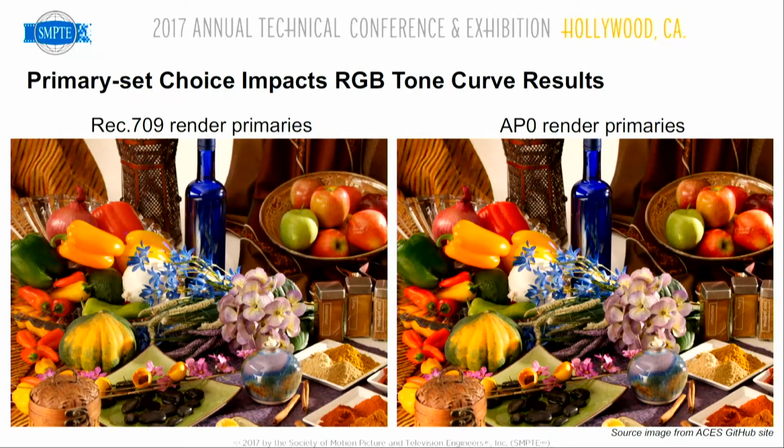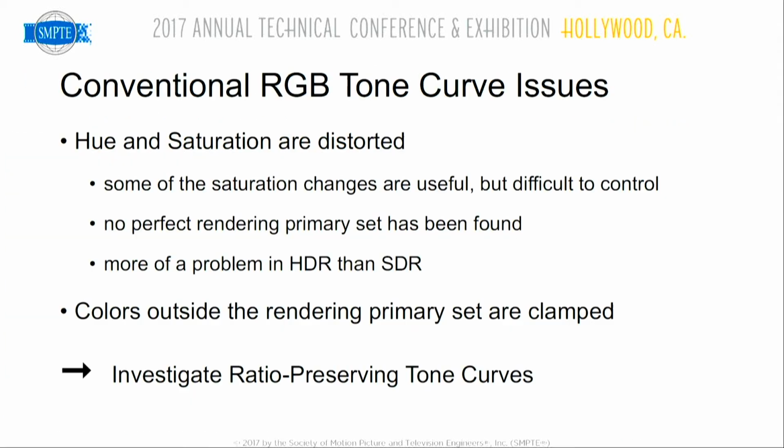This is something that we experimented a fair amount with during the development of the ACES system, trying to find the ideal primary set, and it's a difficult challenge. Some of the hue and saturation adjustments that you get, particularly the saturation adjustments you get from the S-shaped curve, are actually useful. For example, the property of desaturating in the highlights is useful, but in general it's difficult to control.